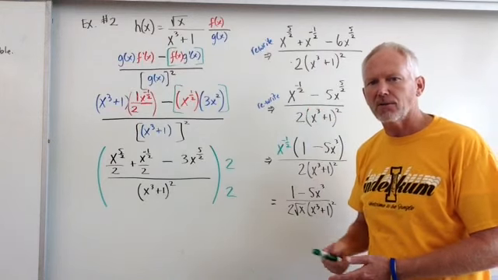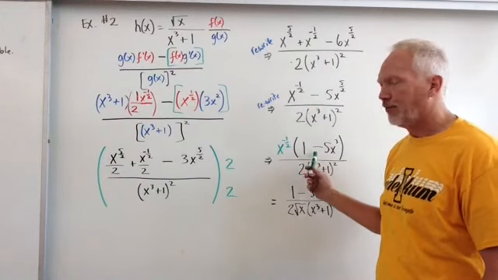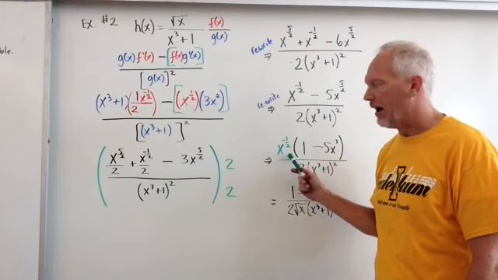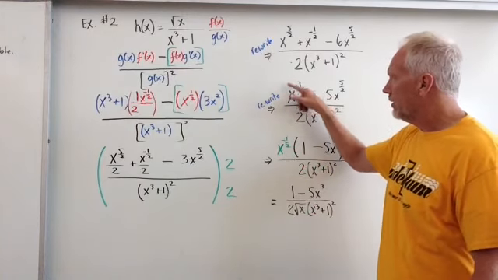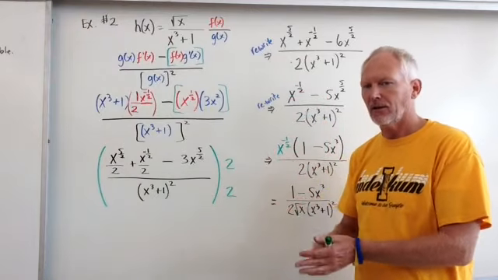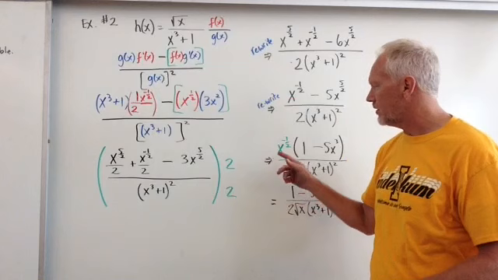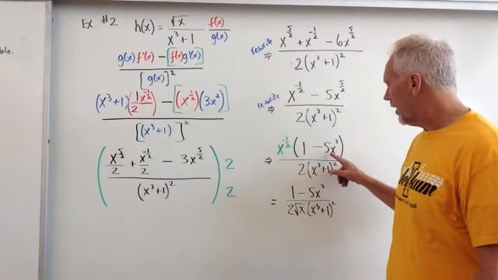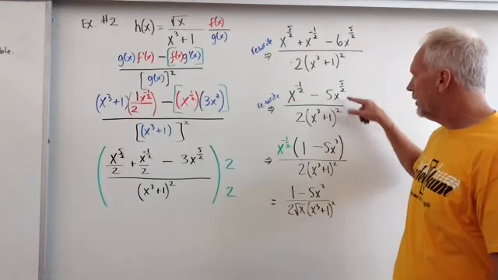Now, another means of simplification is I can factor something out, x to the negative 1/2, because that's there. When I factor out something, remember, factoring is like dividing. So you have to think of these exponents as dividing. So 1 minus 5x cubed.